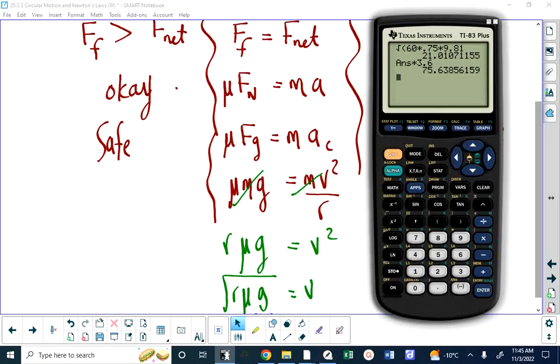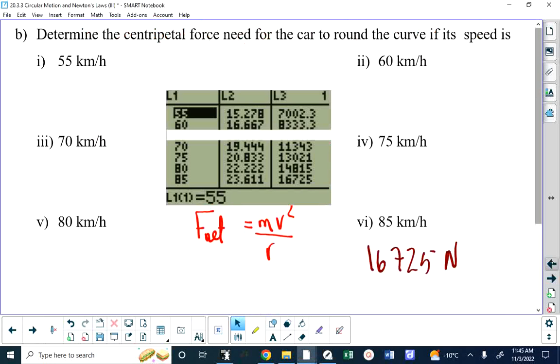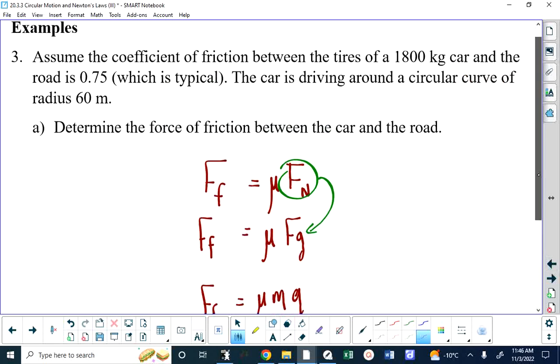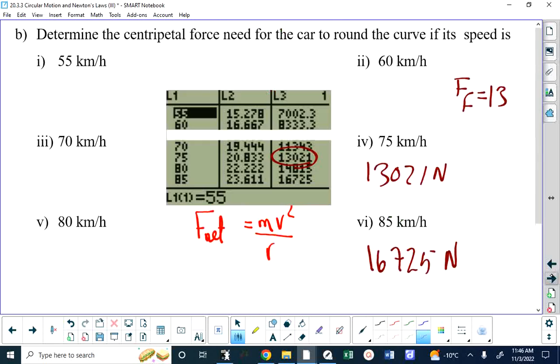So if we go back and look at this, at 75, it was 13,021 newtons, and the force of friction was 13,243 newtons. Is the force of friction enough for 75?